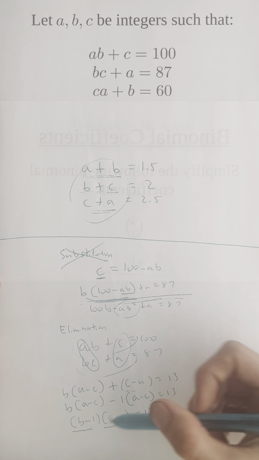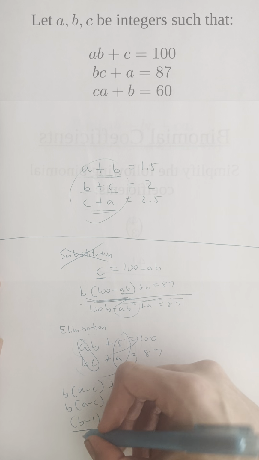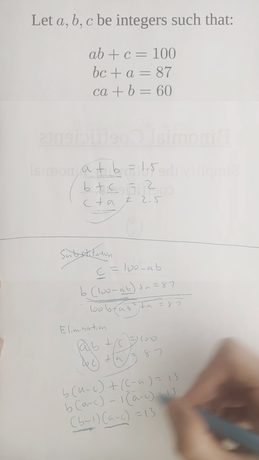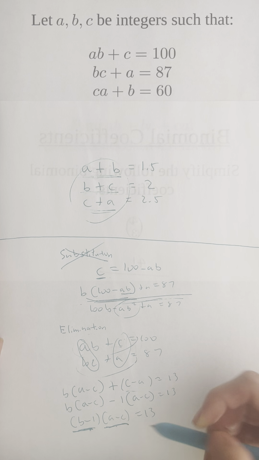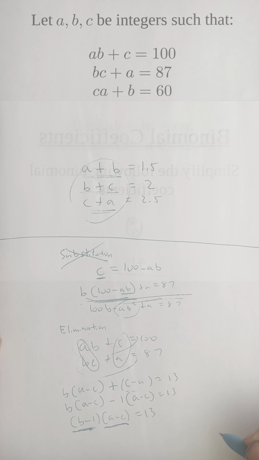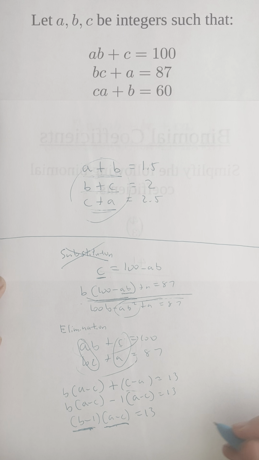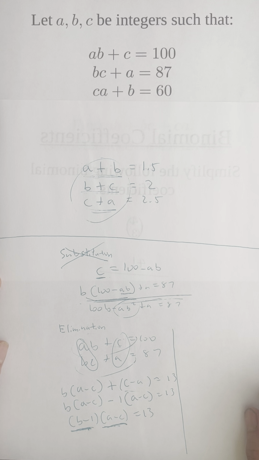Okay. And they tell us that a, b, and c have to be integers. So what does that say about this and this? They also have to be integers. Now, if we added the two equations instead of subtracted the two equations, we'd still end up with two linear terms, but the right-hand side would be much bigger.